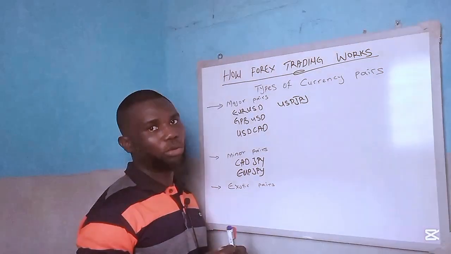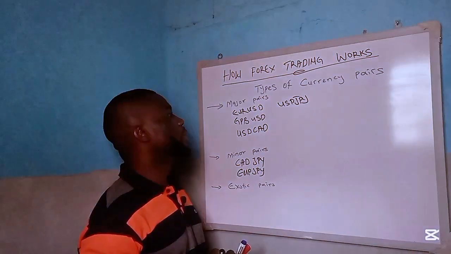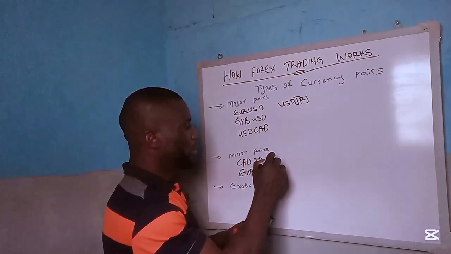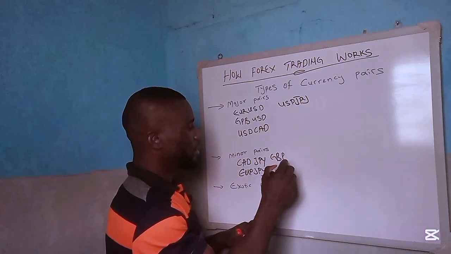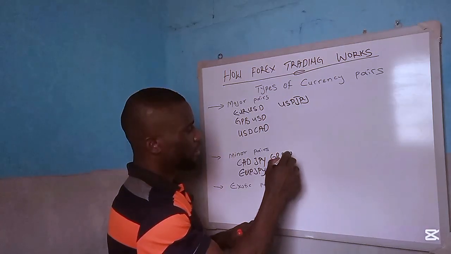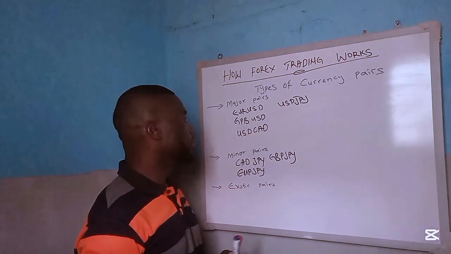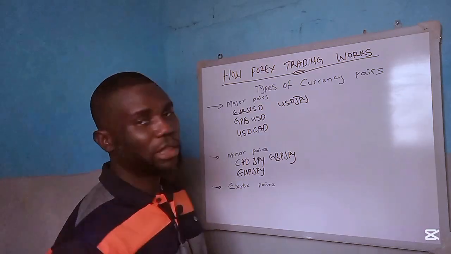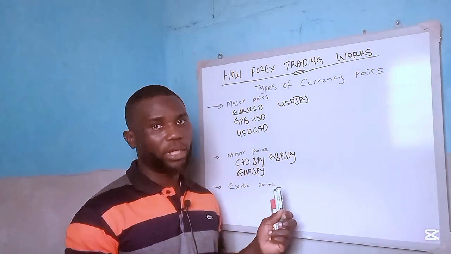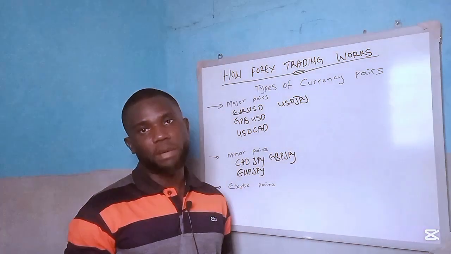Another one is GBP JPY, and so on and so forth. Any currency pair that you see that has no USD in it falls under the minor currency pairs.